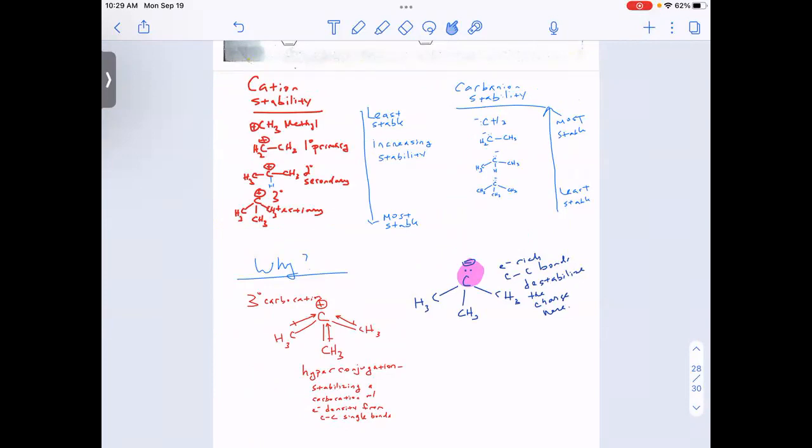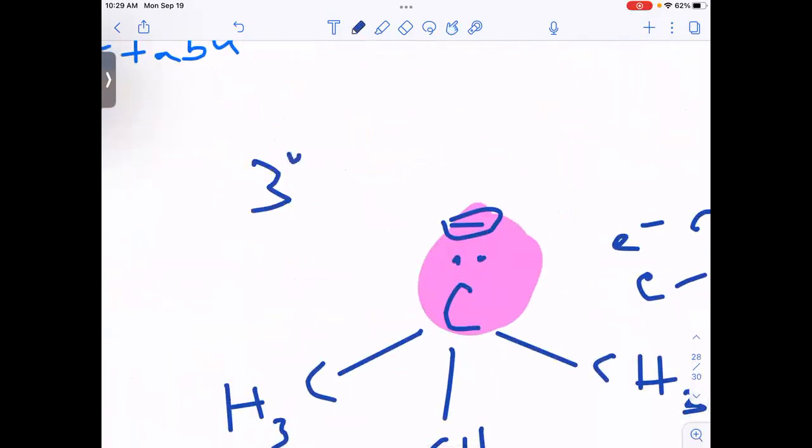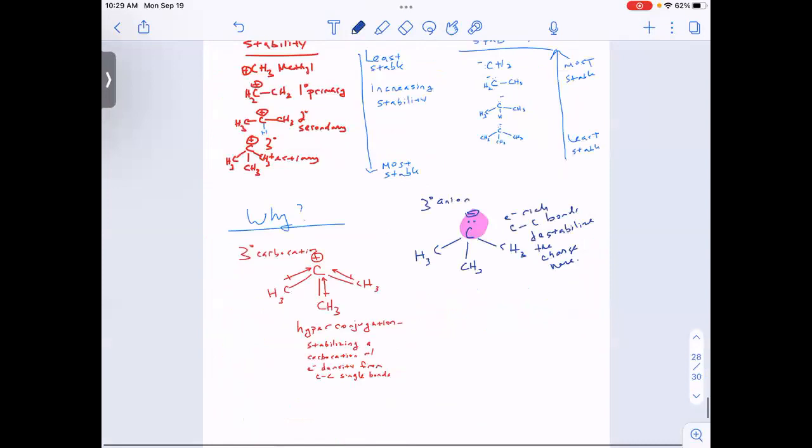If it's a tertiary anion, which I should have written out over here, it's the least stable because of the same reason, like the substitution. So the more groups you have around a cation, the better. The more groups you have around an anion, it's not so good. It actually makes that anion worse, if that makes sense.